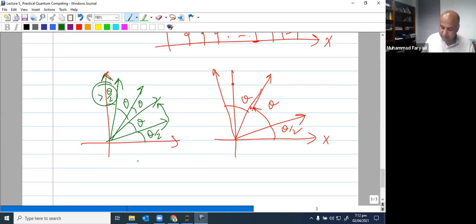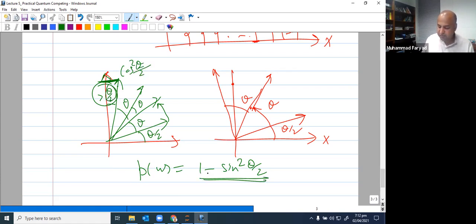So the probability of finding this W is 1 minus sine square theta by 2, because when this is this close, the probability of finding this W is cosine square of this angle theta by 2, and the probability of error is this. So this cosine square theta by 2 is actually 1 minus sine square theta by 2.